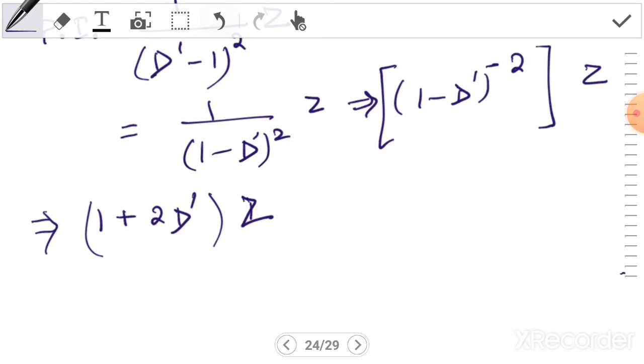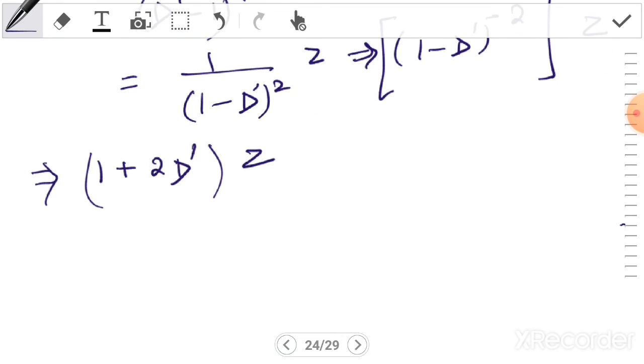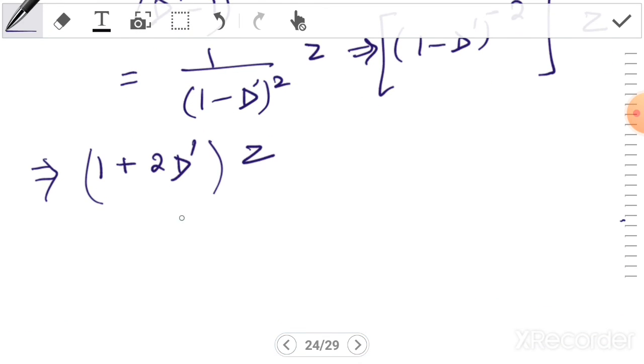Z. Yes. So this is nothing but z plus derivative of z, so that is 2 times 1, that is 2, z plus 2.